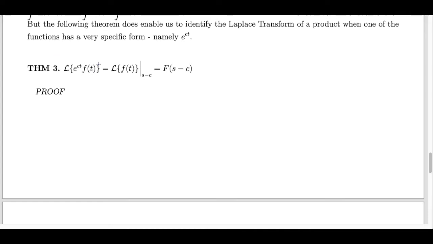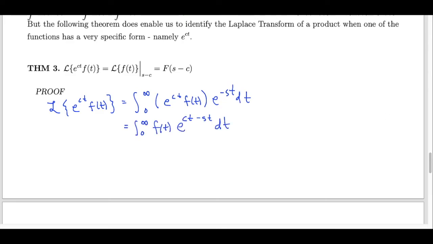So let me go ahead and substitute this expression into the integral definition for the Laplace transform. Now, in this integrand, I have three factors multiplied. Two of them are similar because they're both exponentials, so I'll group those together. And here I've actually written them as a single exponential.